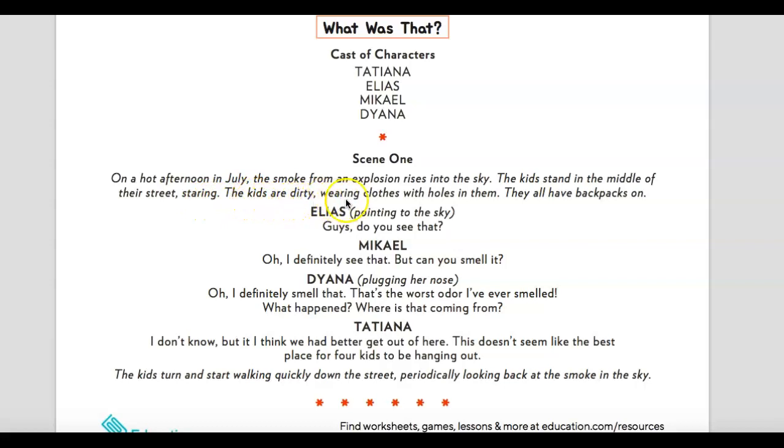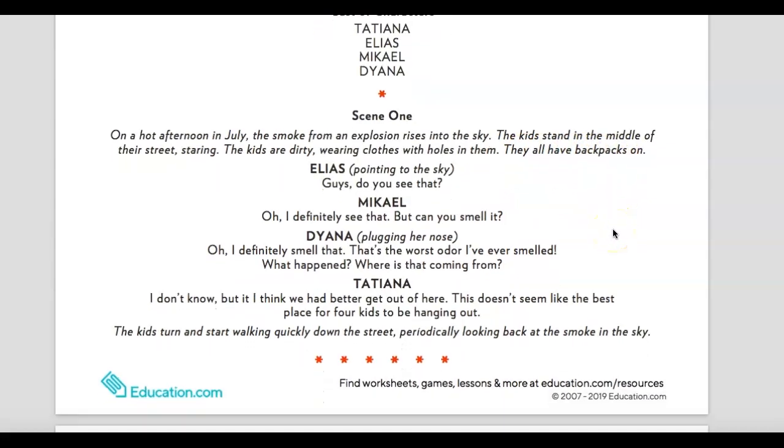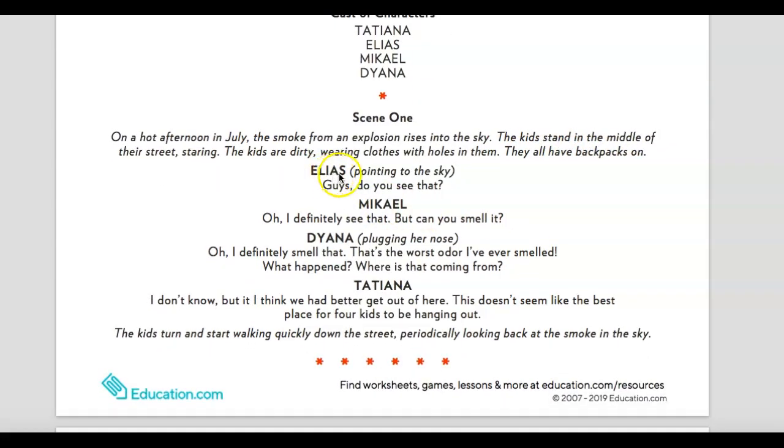They are dirty, wearing clothes with holes in them, and they all have backpacks on. All right, so Elias says, and here's stage directions, so the director would tell them to do this while he's saying this. He's pointing to the sky and says, "Guys, do you see that?"